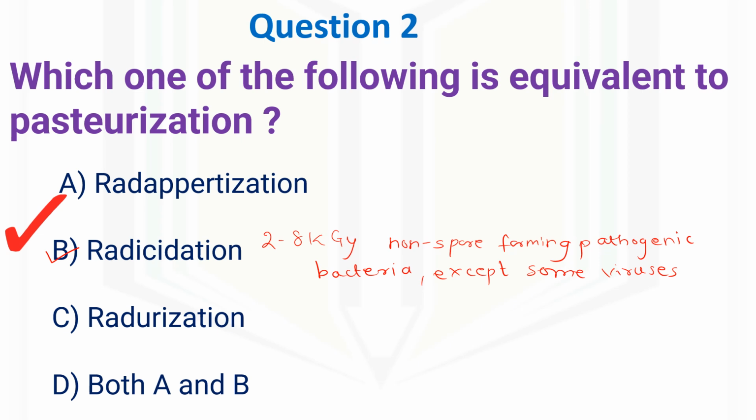It reduces the number of viable specific non-spore forming pathogenic bacteria, and thus it is equivalent to pasteurization and not sterilization. So here our correct option is radicidation.